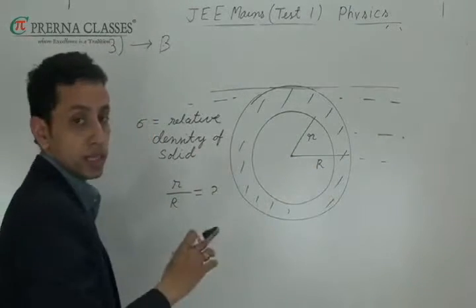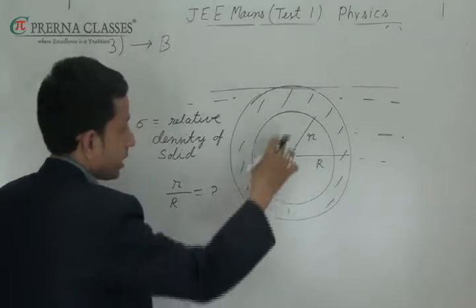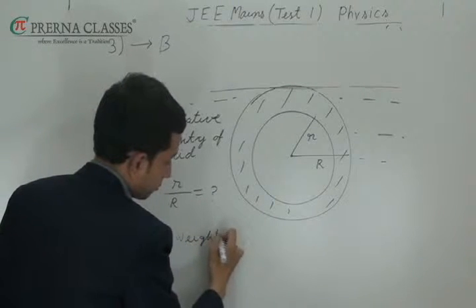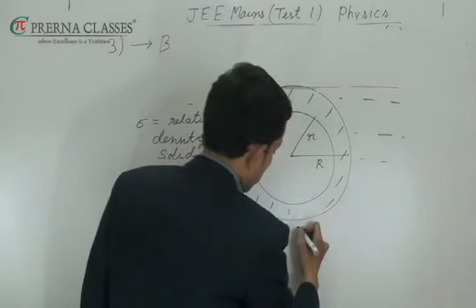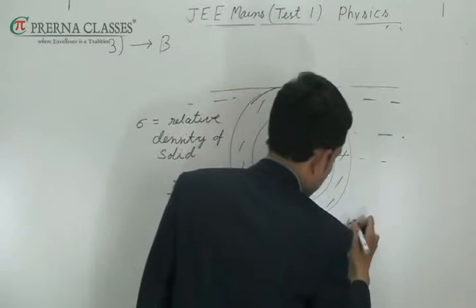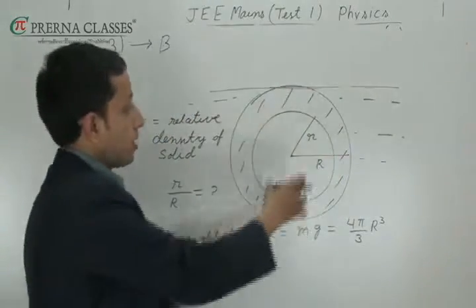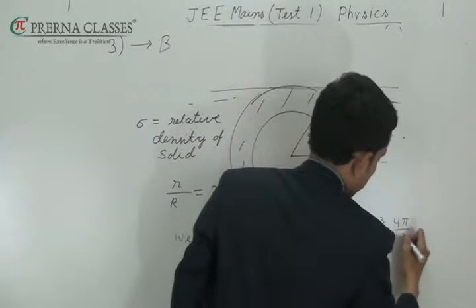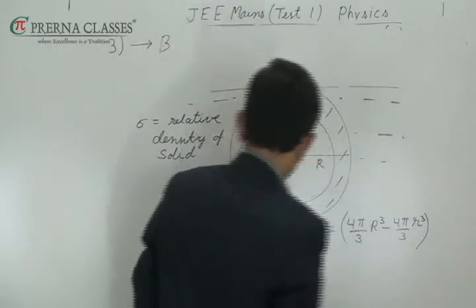For this we will use Archimedes' principle. First we will write the weight of the sphere. The weight of the sphere will be mass into g. Mass is the volume, 4 pi by 3 capital R cube for the whole sphere, minus the volume of the cavity, 4 pi by 3 small r cube, into density.